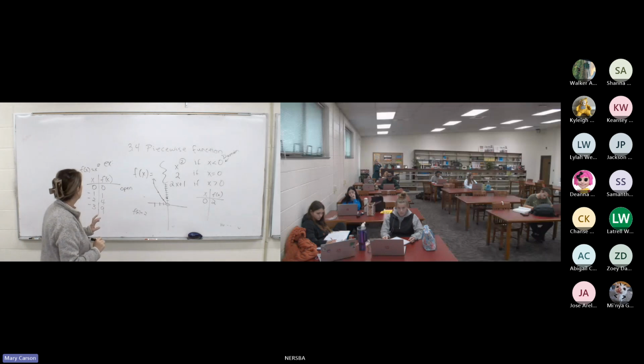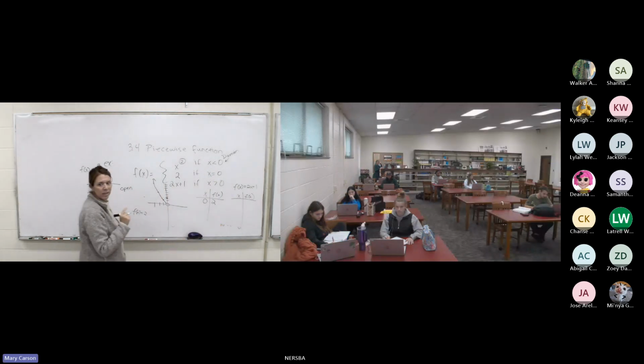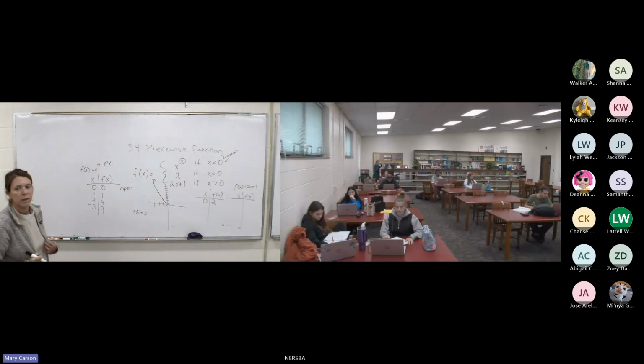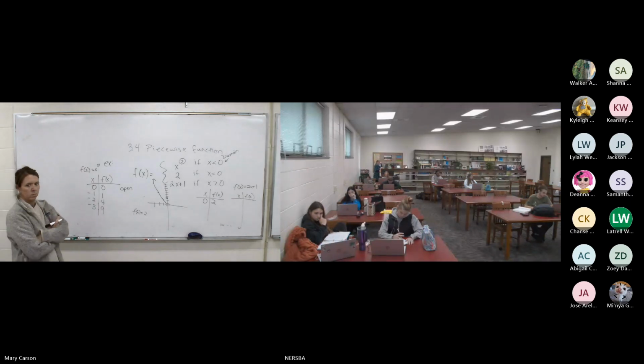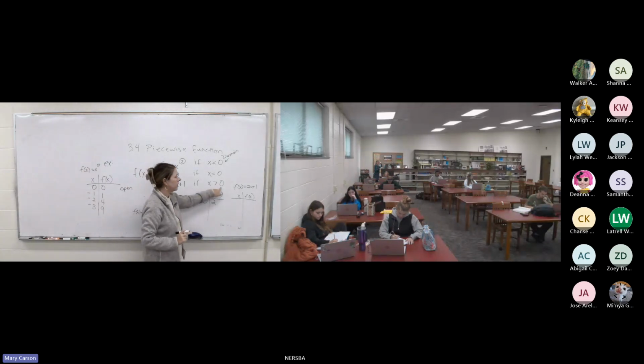It's linear. All right, the last one is what? F of x equals 2x plus 1. What is that equation? Linear, also another linear. And this time we want x values that are greater than 0.